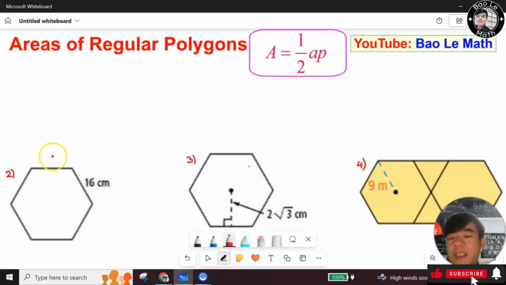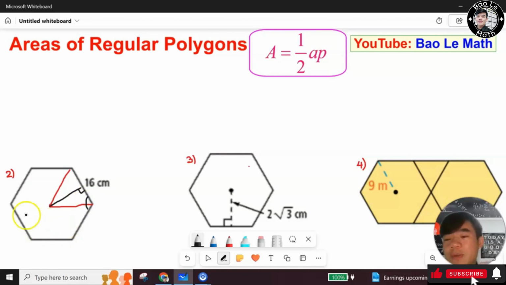So basically we have the center right here. We just draw the triangle, and then we need to draw the apothem, perpendicular to this side. So basically we need to calculate the measure of one angle in the regular hexagon.